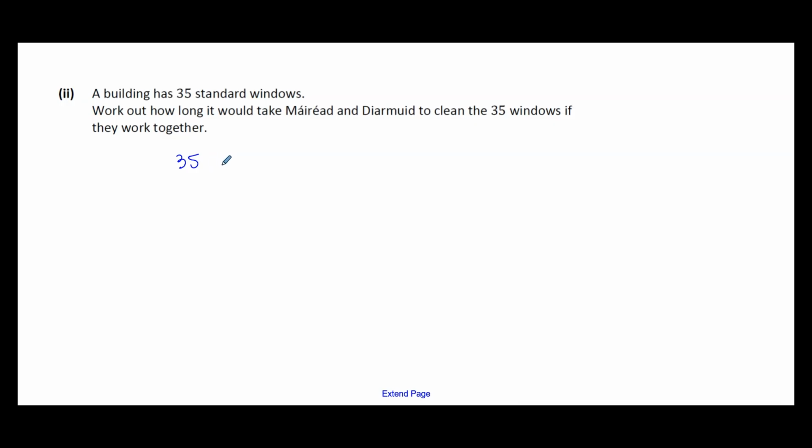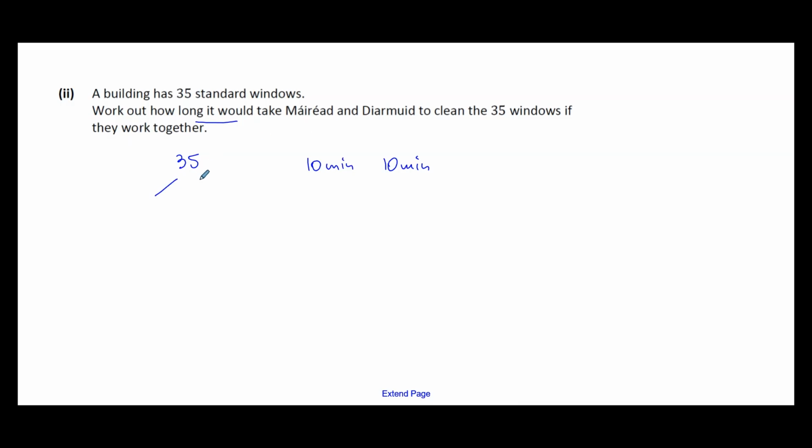Let's say that for ease of calculation it takes them 10 minutes to clean a window, right? So the question is, well, how long will it take for 35?